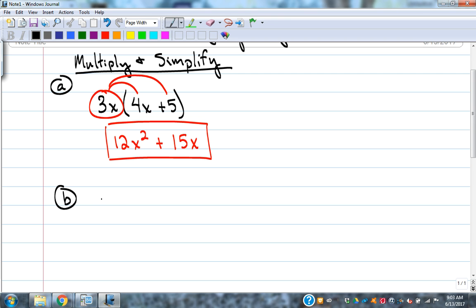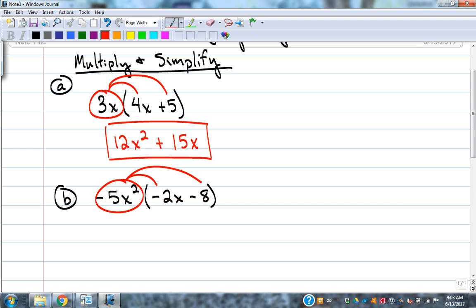Okay. All right. So another one really similar to that, just a little bit more complicated. You've got a negative 5x squared out in the front, and then parentheses with negative 2x minus 8. Again, it's distributive property. You're going to hear me say it's distributive property a bunch of times today because that's what the whole multiplying polynomials part is.